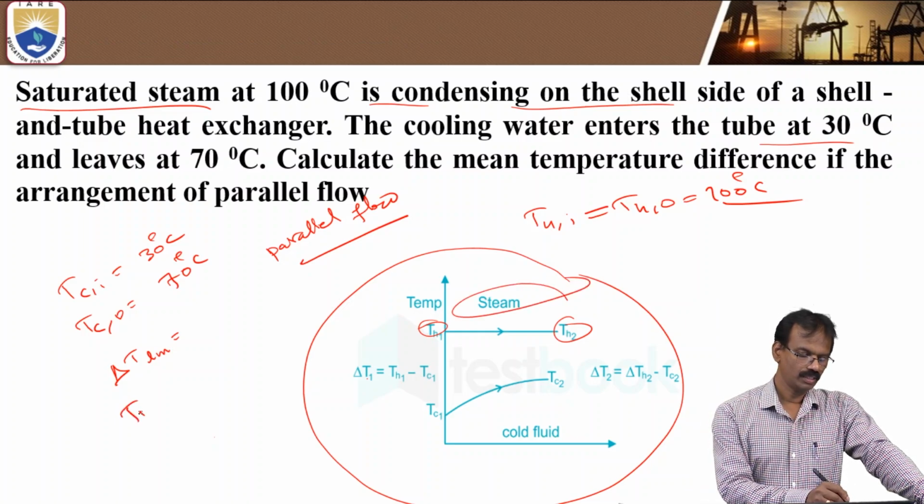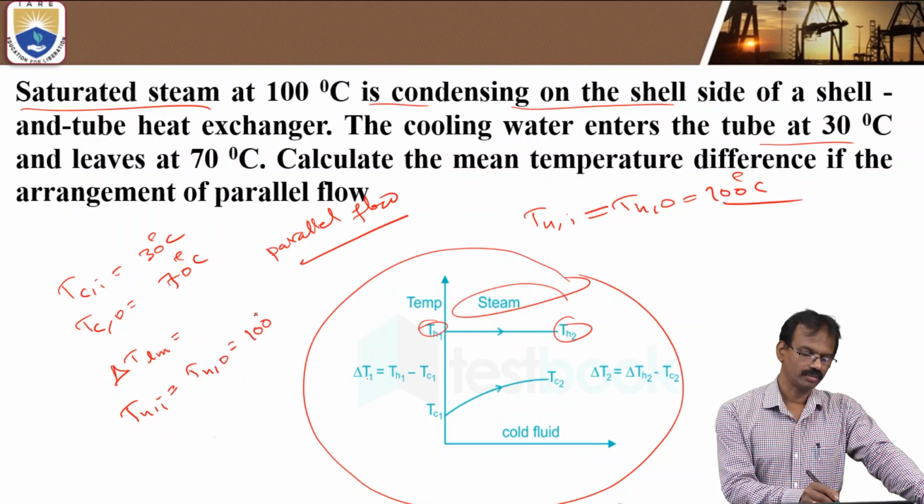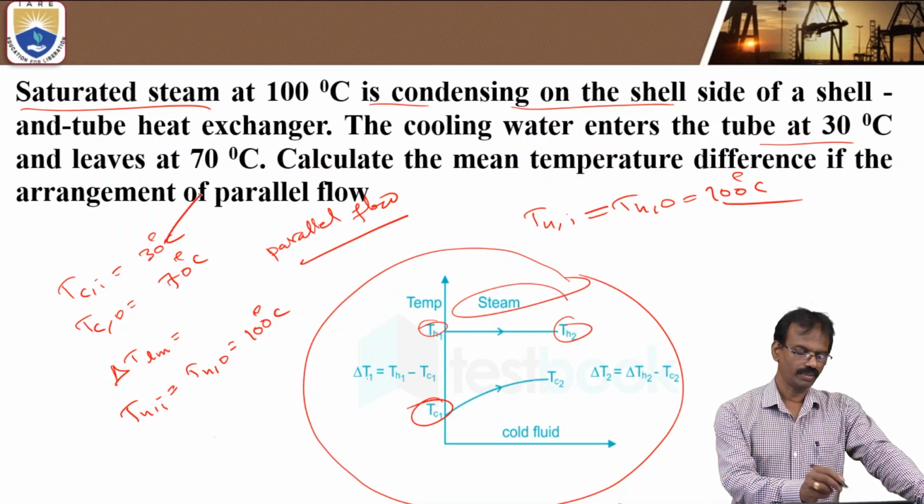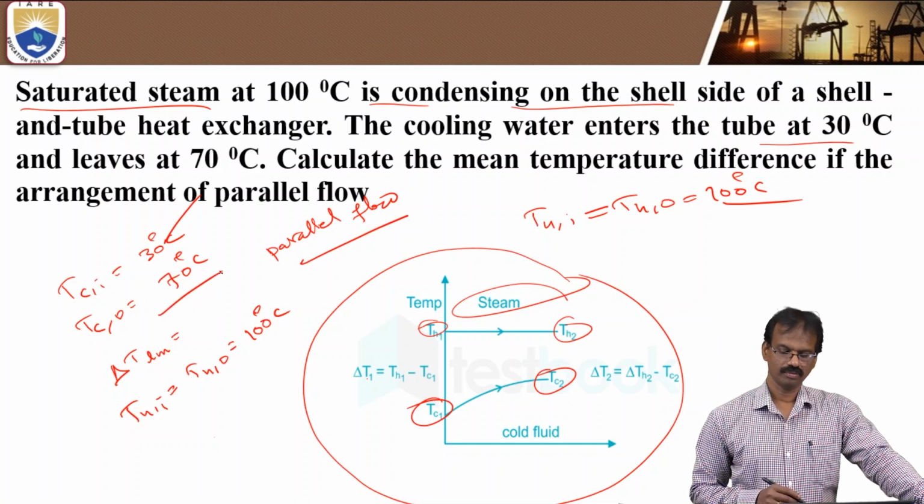So THI and THO are equal to 100 degrees Celsius. The cold fluid inlet TCI is 30, and TCO is equal to 70 degrees Celsius.